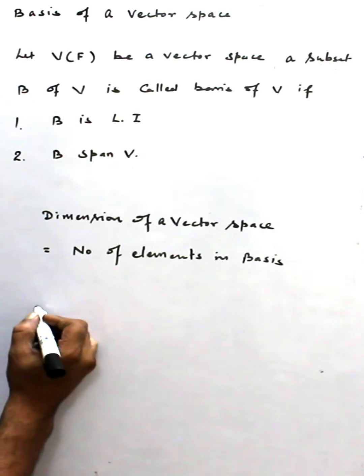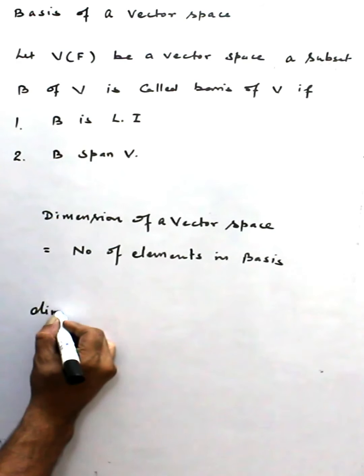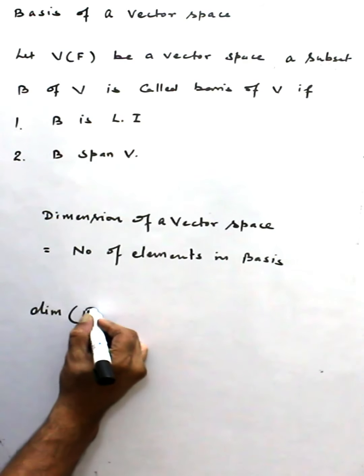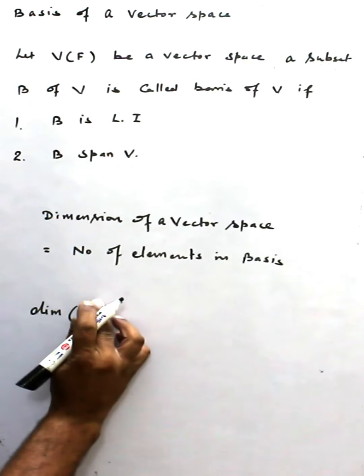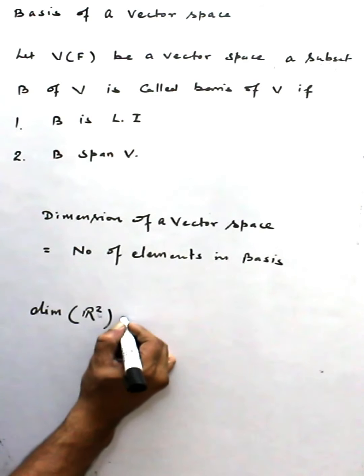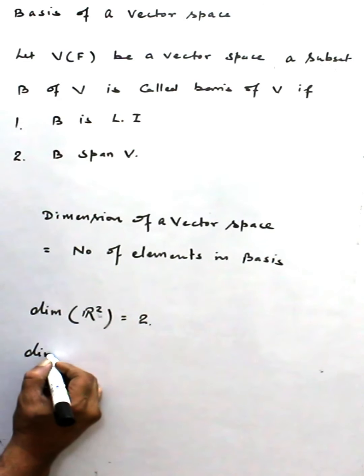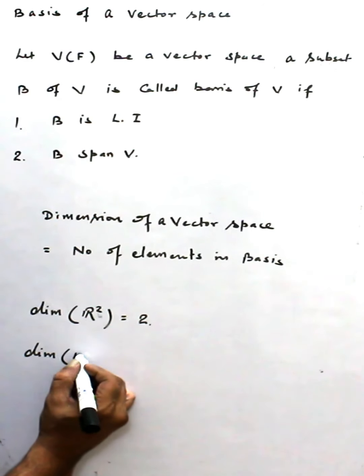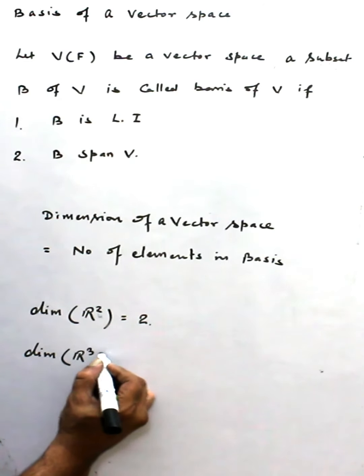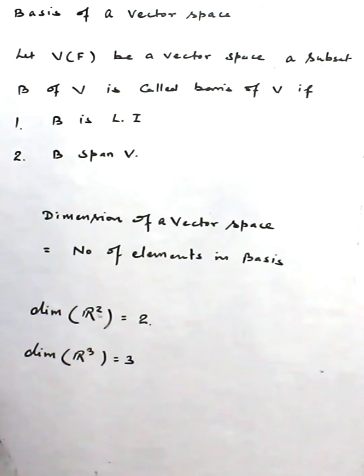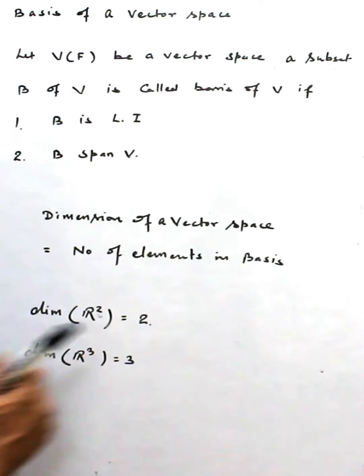That is, the dimension of R square, as we have seen, is 2. Similarly, the dimension of R cube is 3, because in R3 there are 3 axes.